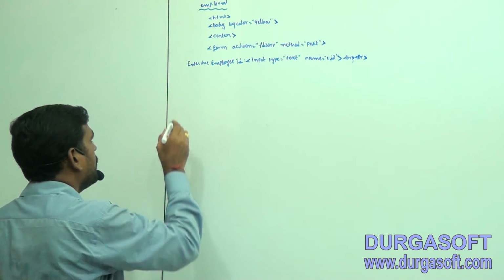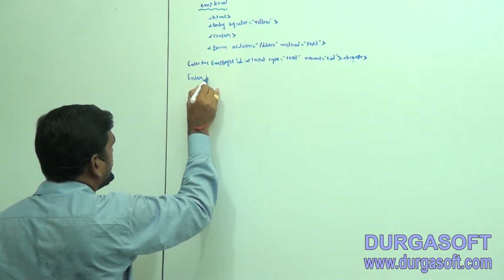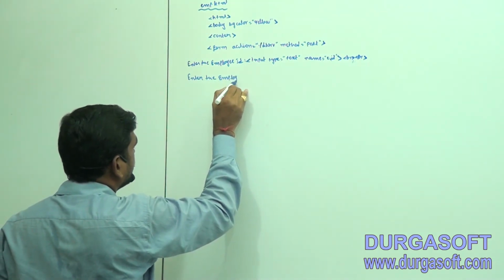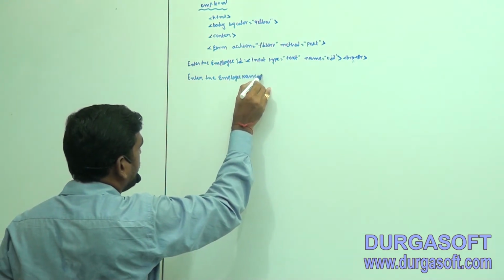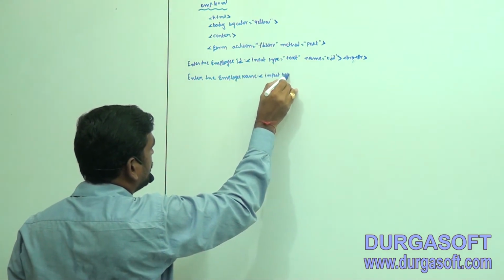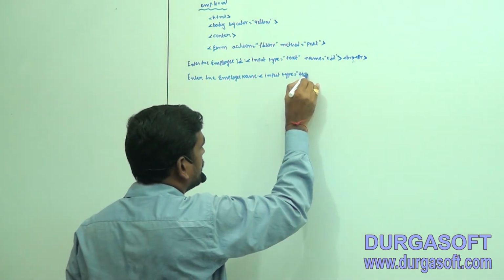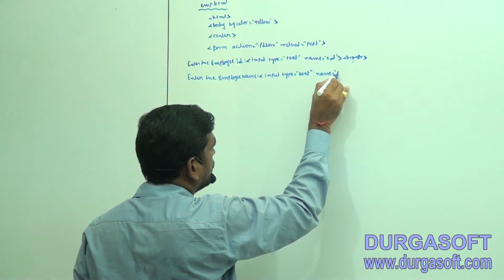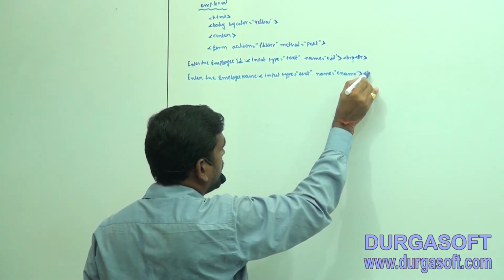Next, employee name. Enter the employee name. Now input type is equal to text. Name is equal to ename. Then BR tag.